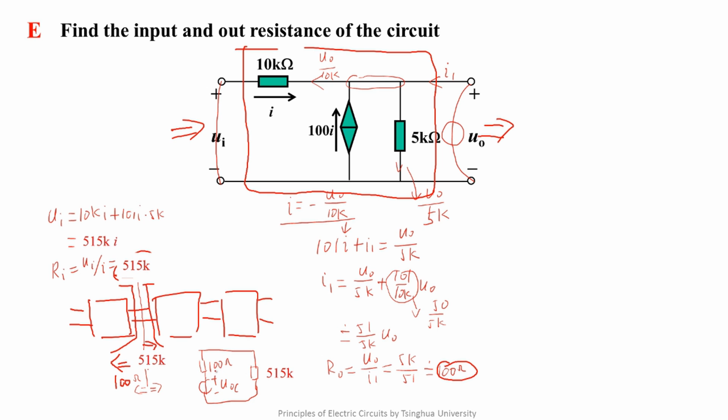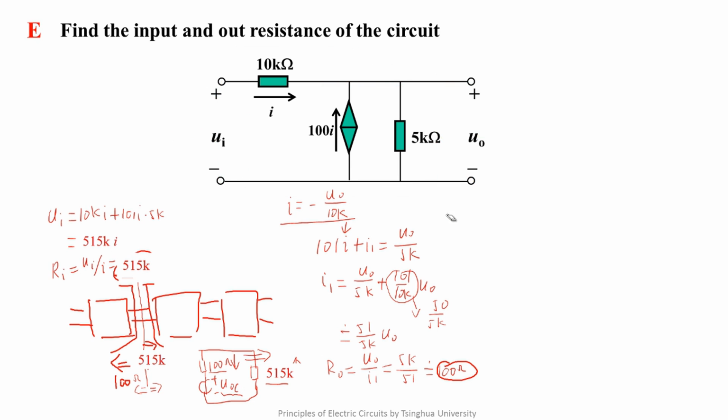The 515K input resistance is large enough and the 100 output resistance is small enough to ensure that the voltage signal can be transmitted with little loss in the signal processing circuit.